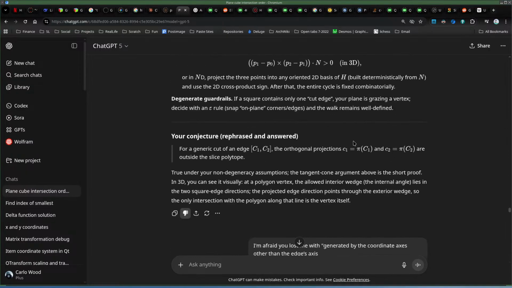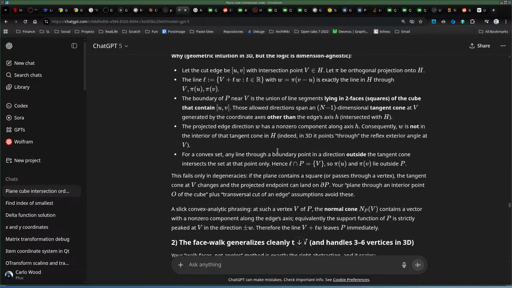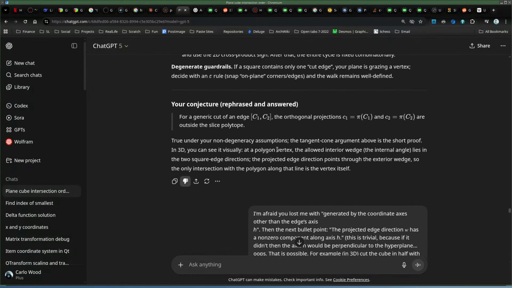And then in the end, conclusion: your conjecture is true under the non-degeneracy assumptions, but those are exceptional cases, so yeah, we ignore those. And it even had a complete proof of it. So it proved it mathematically that my conjecture was true.